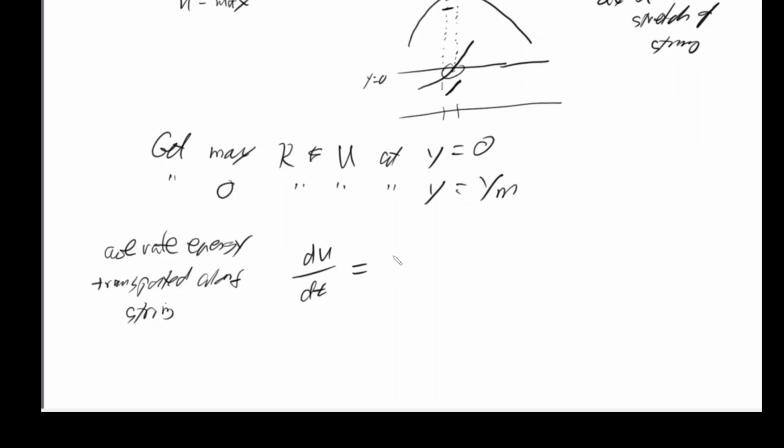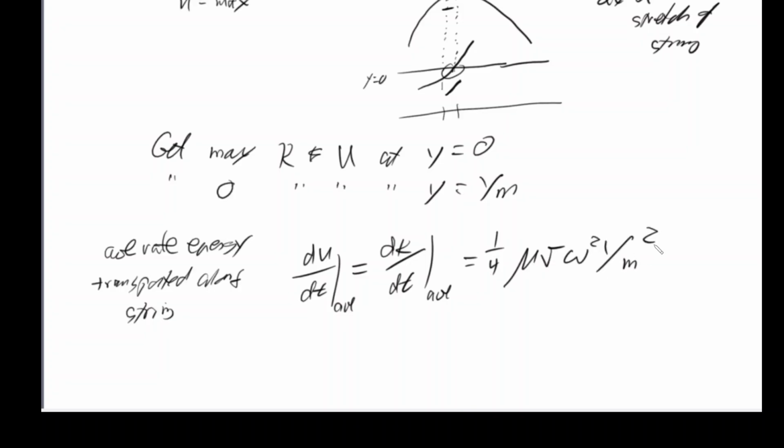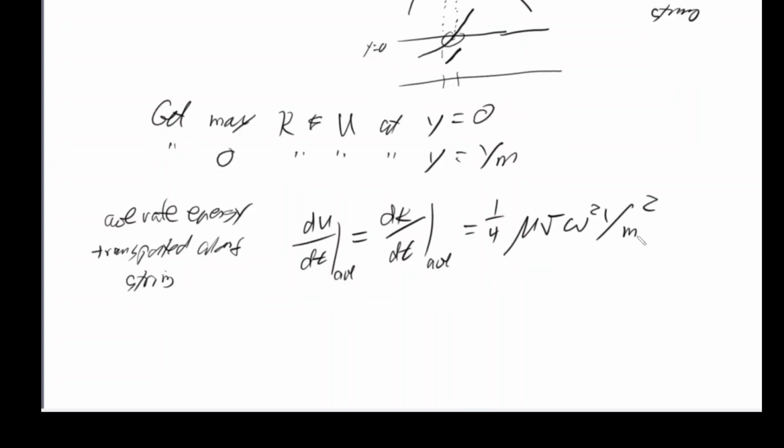And because these are equal, that would be the change in kinetic energy versus time, average, and that becomes 1/4 mu v omega squared ym squared. And derivation of this is in the textbook.